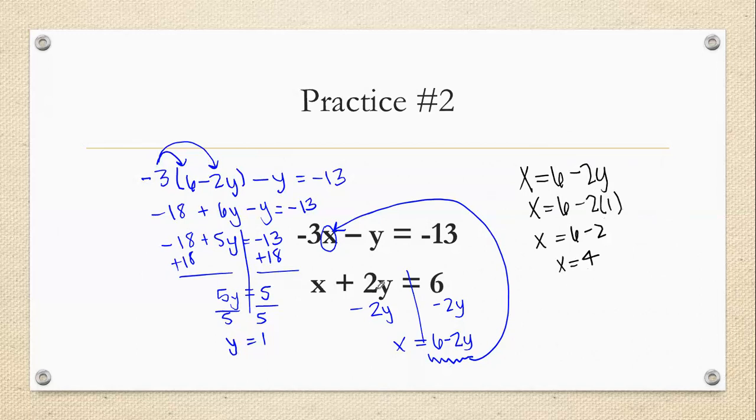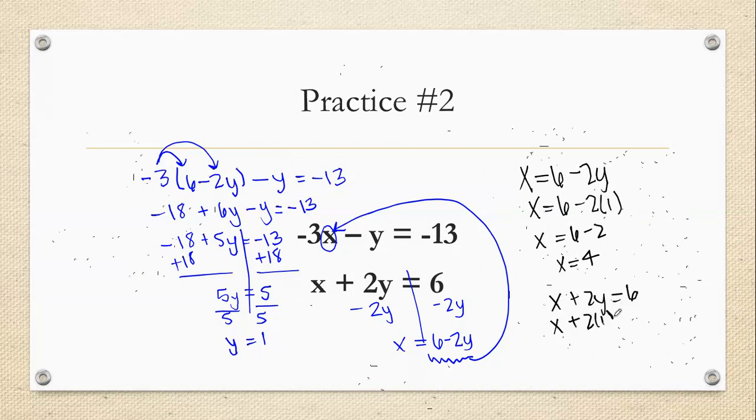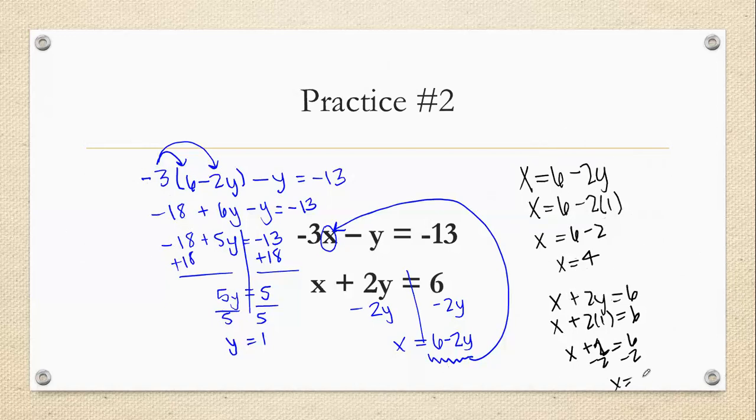And even if you chose to put it in this one, so the x plus 2y equals 6, and you put x plus 2 times 1 equals 6, x plus 2 equals 6, and you subtracted 2 from both sides, you still should get x equals 4. So no matter which one you put it in, it should have given you x equals 4. So the solution is 4, 1.